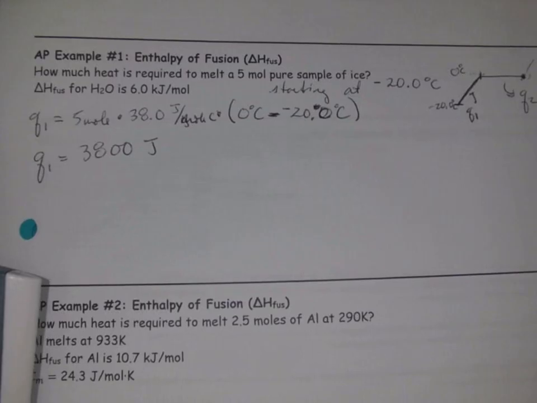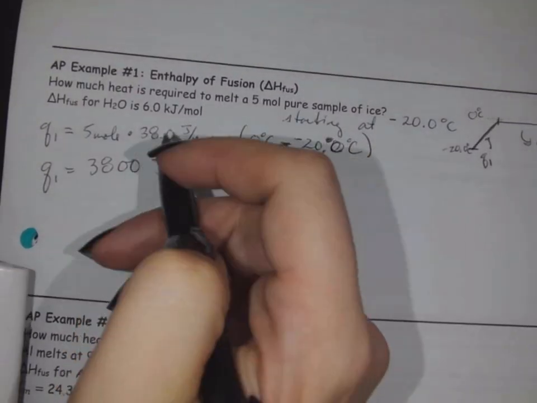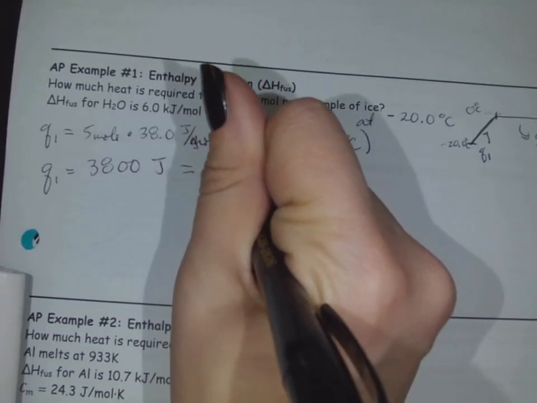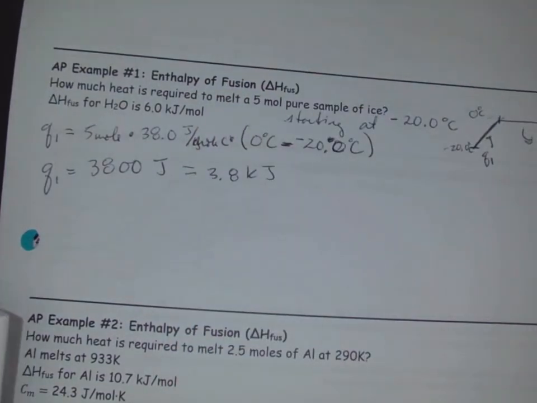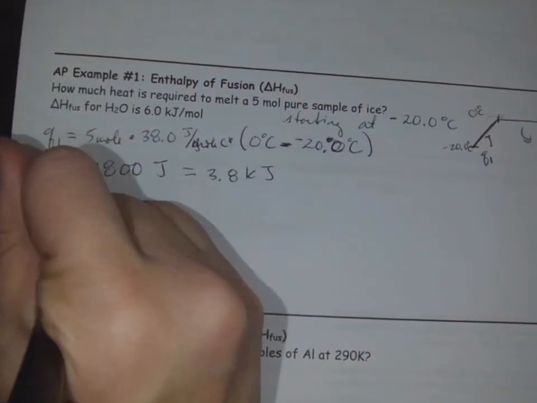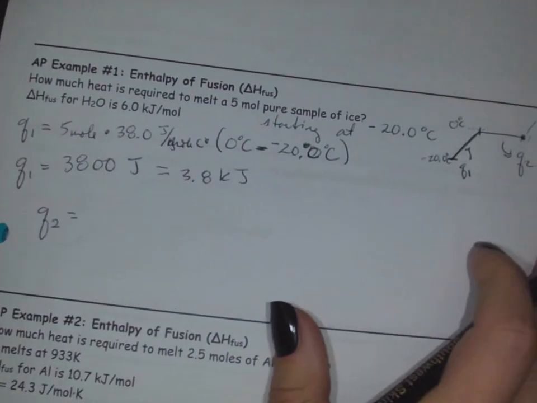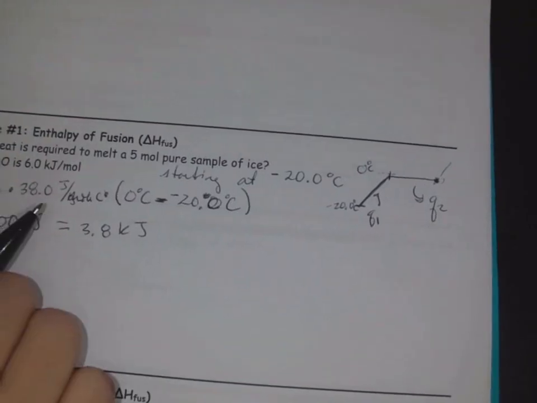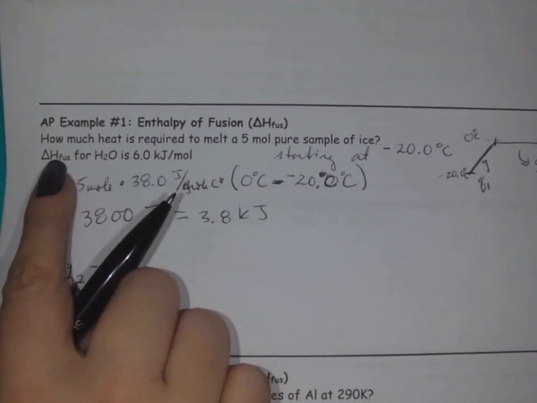Now, I know that this is going to be helpful in a moment, so if I convert it to kilojoules, then that would be 3.8 kilojoules. For the next leg of my journey, Q2, I'm not using MCAT. I'm using the delta H of fusion, okay?